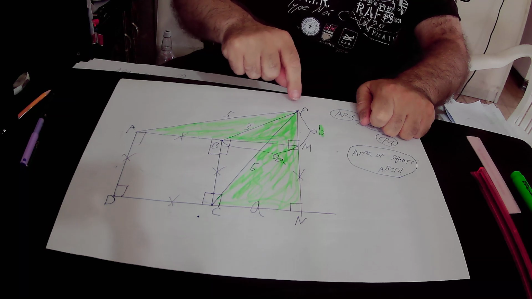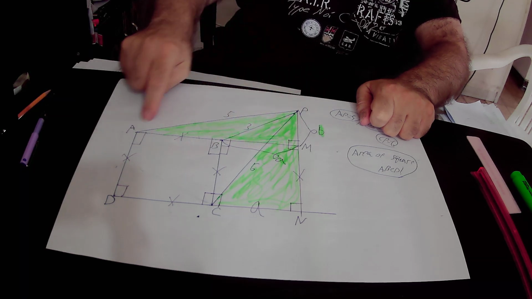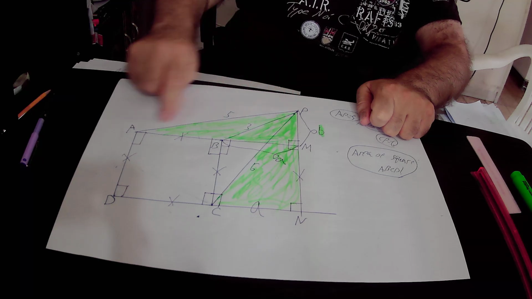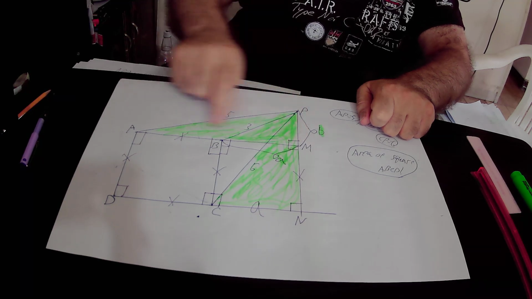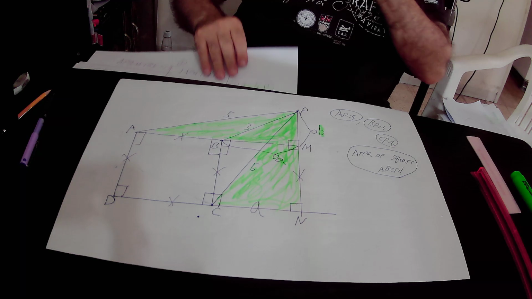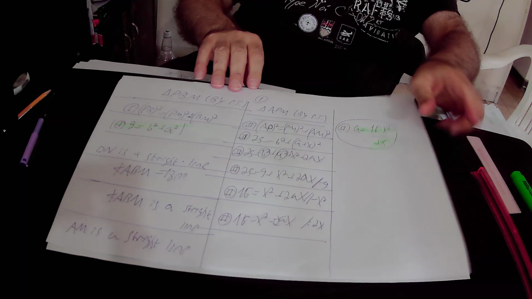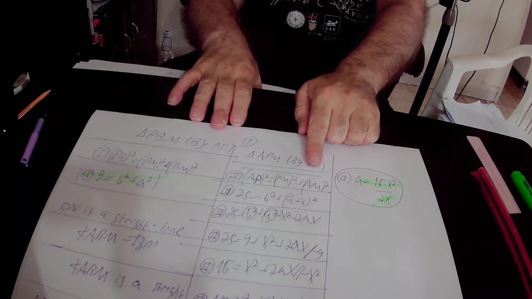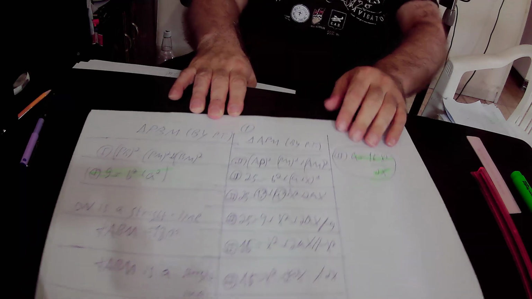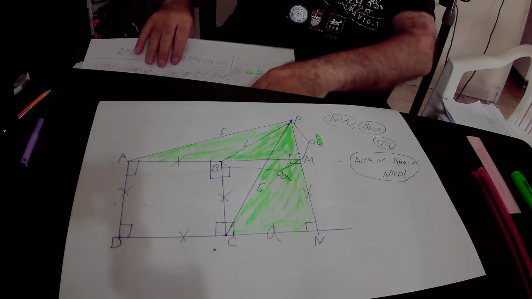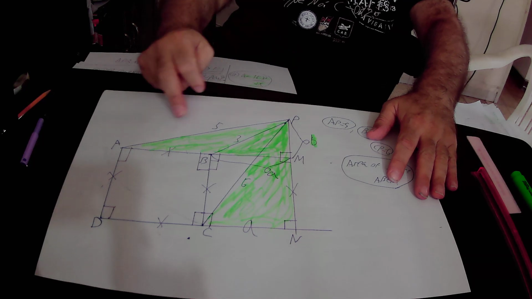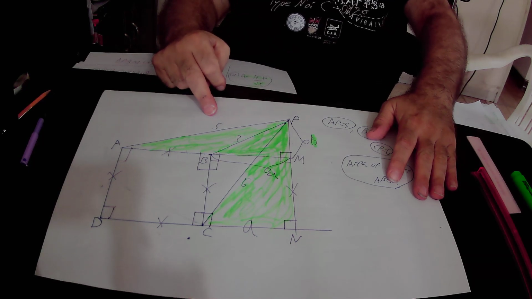Therefore, we implement the Pythagoras theorem on the right green triangle, triangle APM. According to the Pythagoras theorem, AP squared equals PM squared plus AM squared. AP equals 5, therefore AP squared is 5 squared, that is 25.